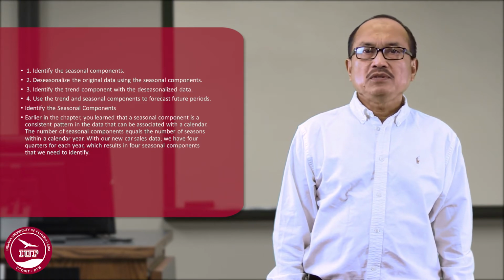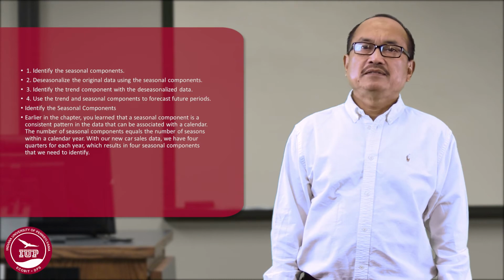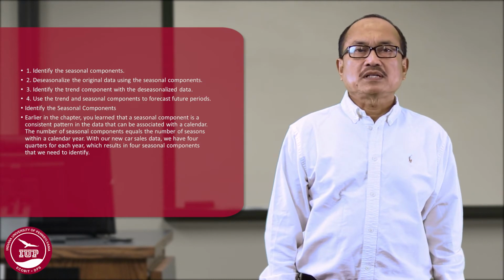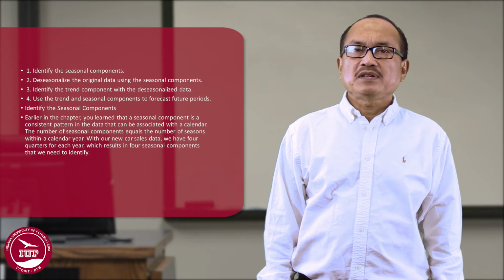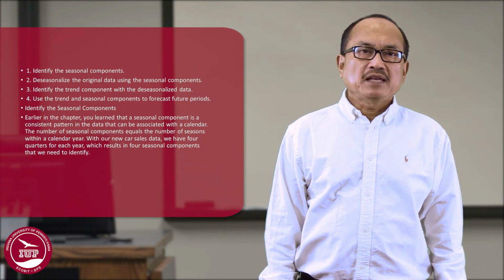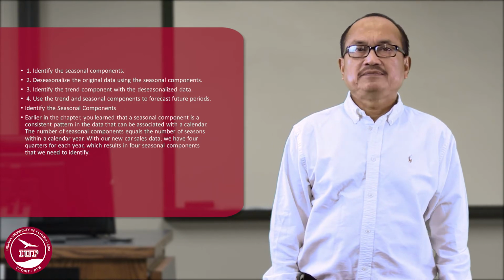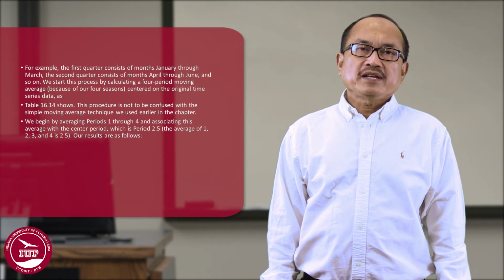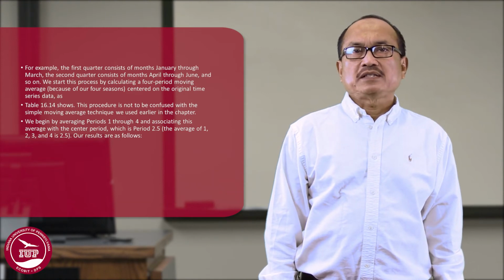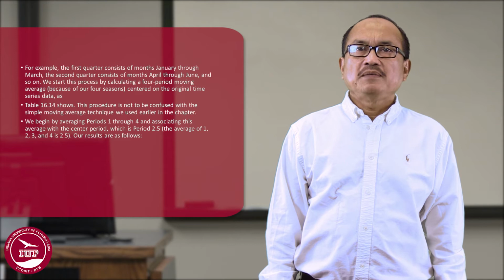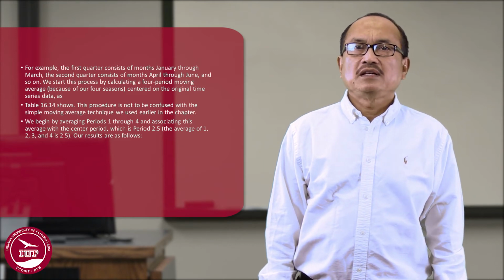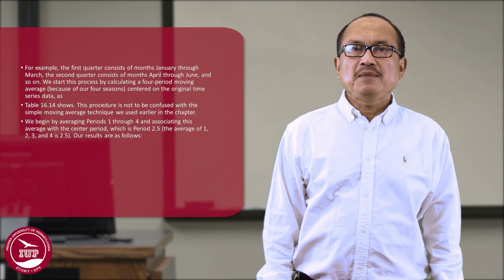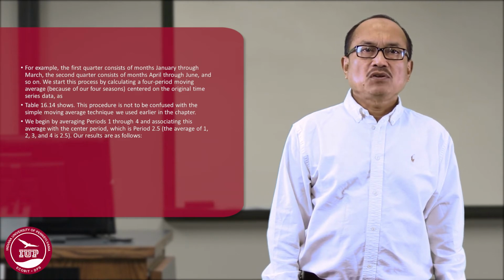With our new car sales data, we have 4 quarters for each year, which results in 4 seasonal components that we need to identify. For example, the first quarter consists of months January through March. The second quarter consists of months April to June, and so on.